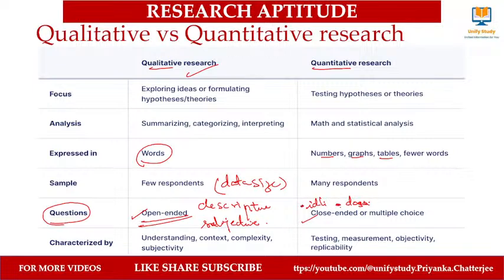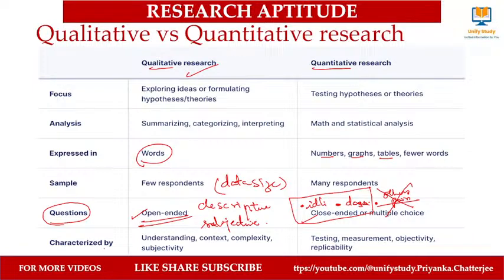I can measure how many people selected idli and how many selected dosa. I cannot pick puri, which is not in the options. If there is an option of others, then it is okay. If not, I can only confine it to these two options, and that kind of question we call closed-ended questions.